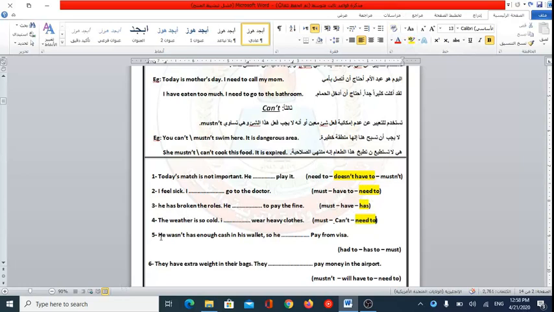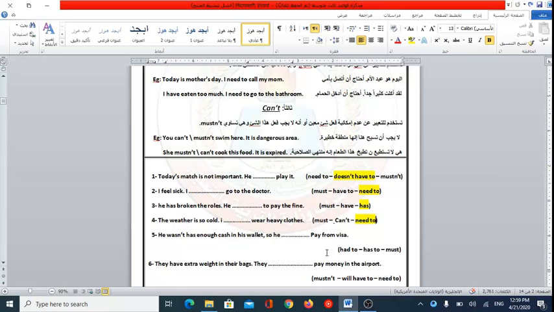He didn't have enough cash in his wallet, so he paid from Visa. It's past, so to express something that we must do in the past, we use had to.